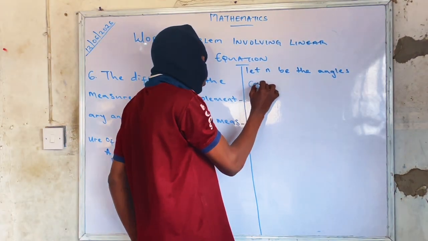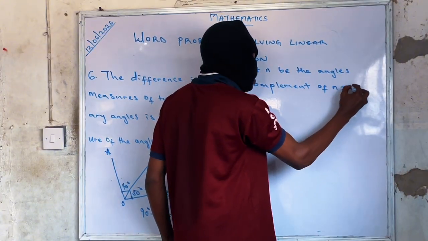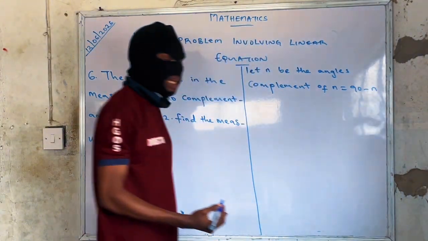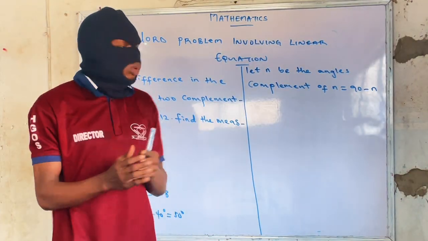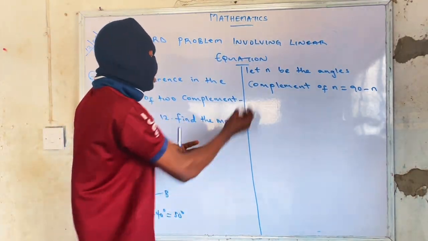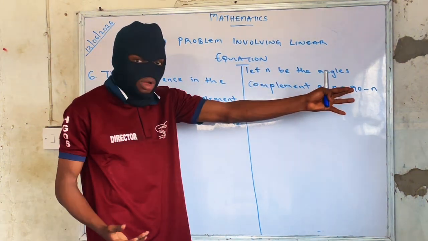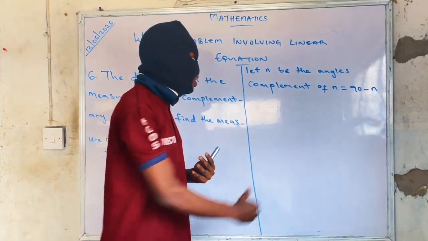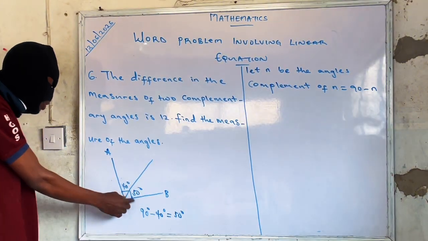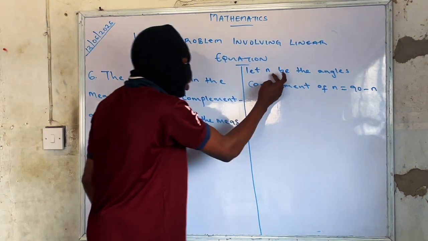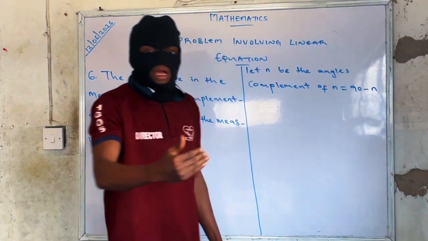Now let's look for the complement of N. The complement of N will be equal to 90 minus N. Remember, complementary angles are angles in which two angles sum up to give 90 degrees. We don't know the first angle, so for us to get the second angle, we have 90 minus N. The second angle will now be 90 minus N.